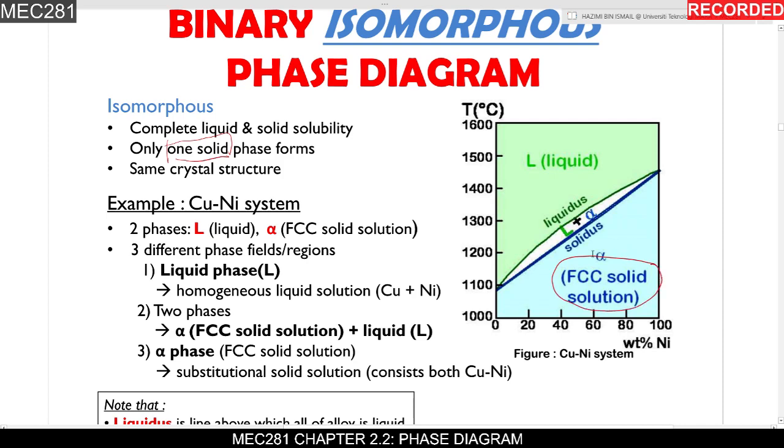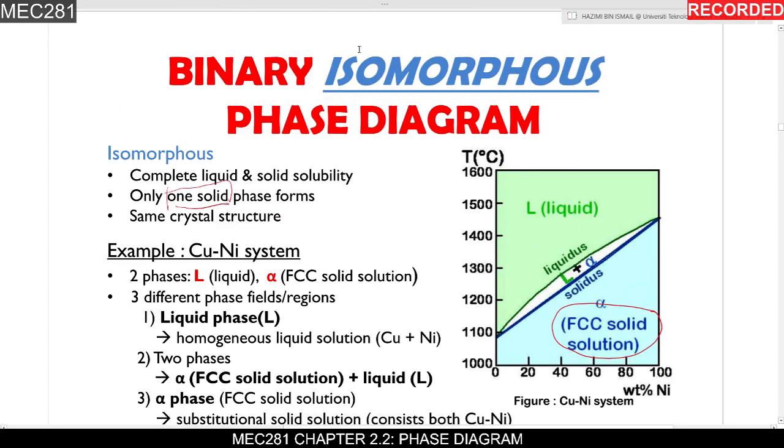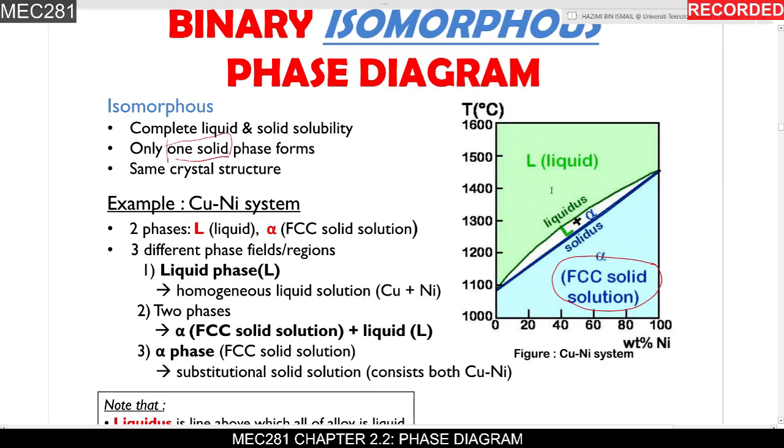So the isomorphous phase diagram, that's just its name. We have the liquid here and only one solid solution below here. We have the intermediate region here.